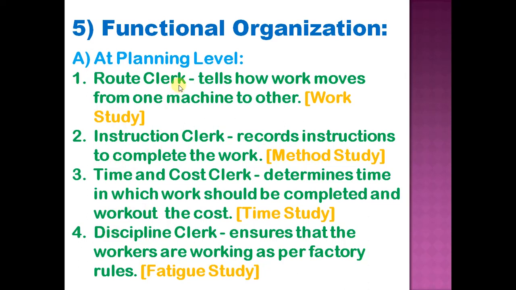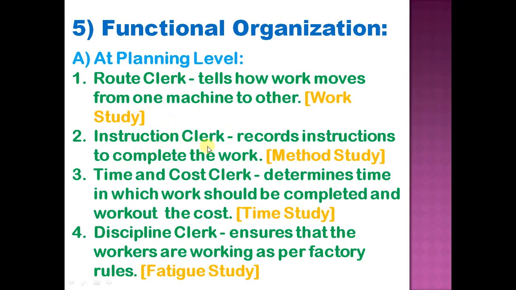Now the route clerk will tell how the work moves from one machine to another machine. In short, he will do the work study. Whatever we have studied in the first, second and third technique, that only they will do. So this route clerk will undertake the work study. The second clerk is the instruction clerk.